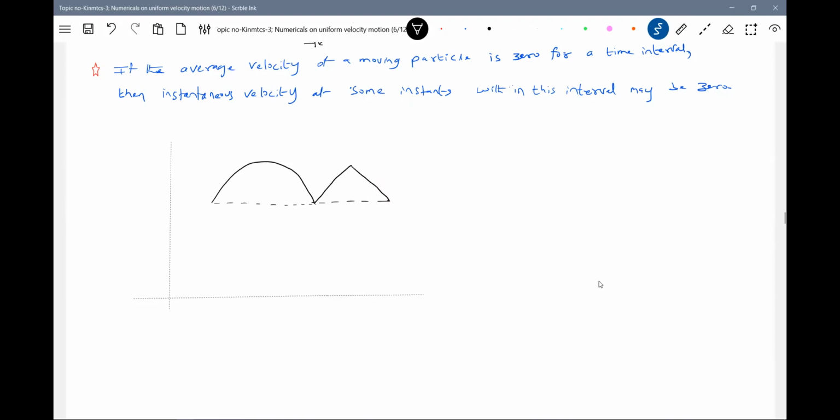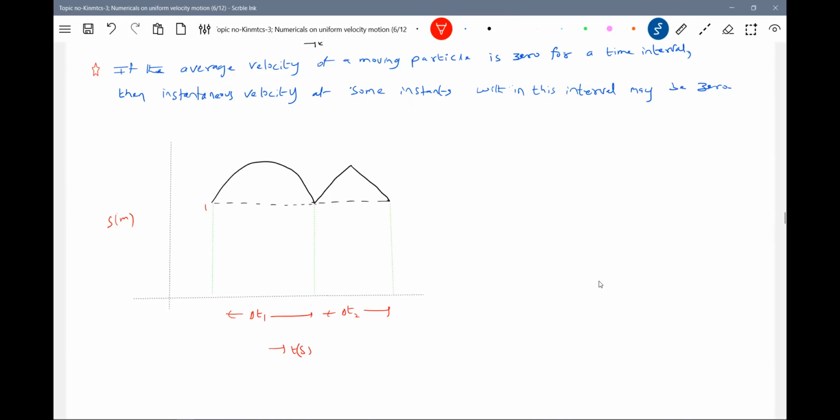You have very good information in front of you. This is one interval of time. Next, we have another interval of time. We'll choose intervals delta T1 and delta T2. There's a position and there's a time.